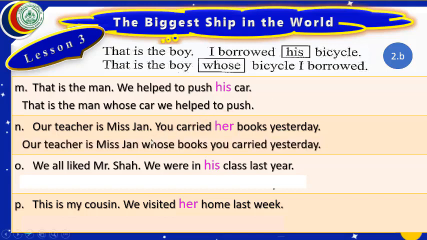The answer of N part will be, our teacher is Miss John, whose books you carried yesterday. After writing whose, there will be books, and then we shall change the sequence of the words.